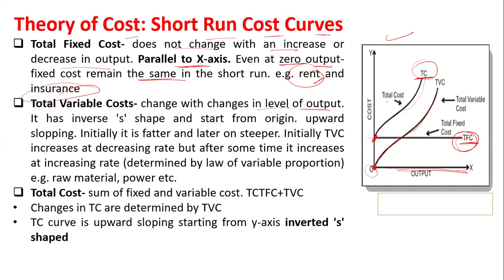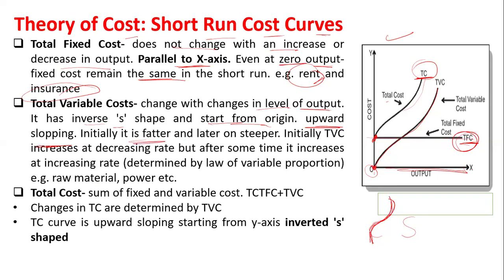As the level of output increases, it changes, and it has an inverse S shape. It starts from the origin and is upward sloping. Initially it is flatter.